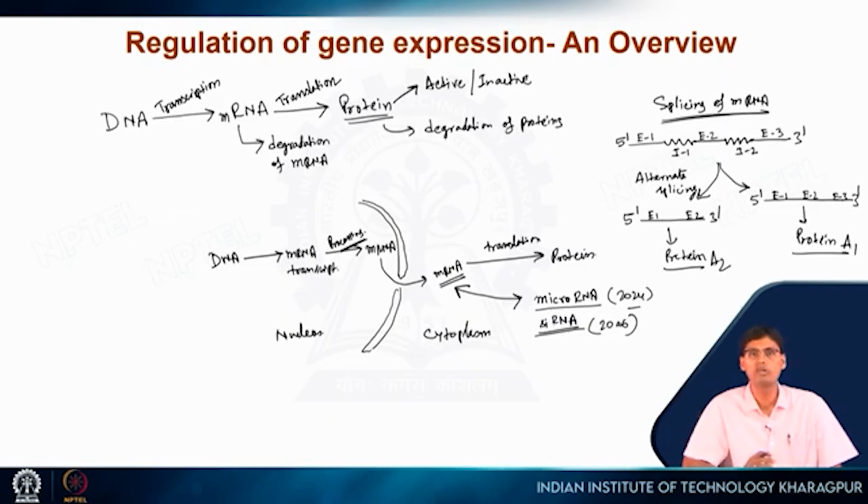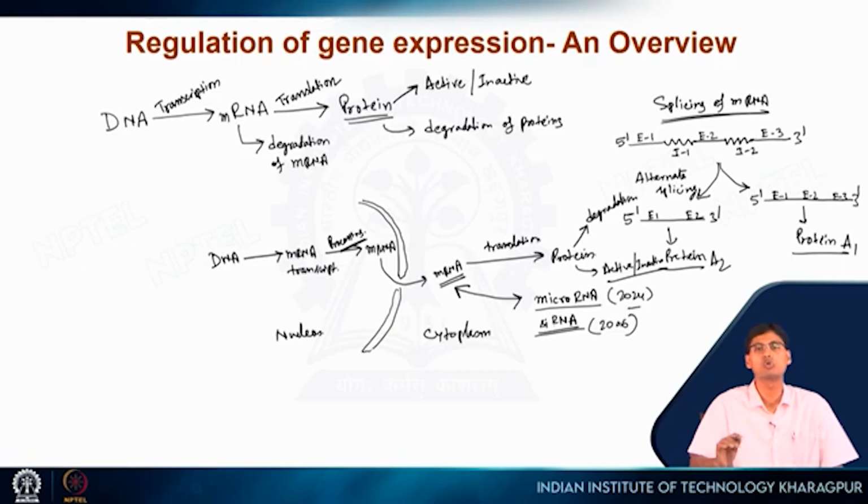So you can understand how important microRNA and siRNA are in gene expression. And then protein degradation, whatever I told, and whether a protein will be active or inactive, those are also very important in gene expression.